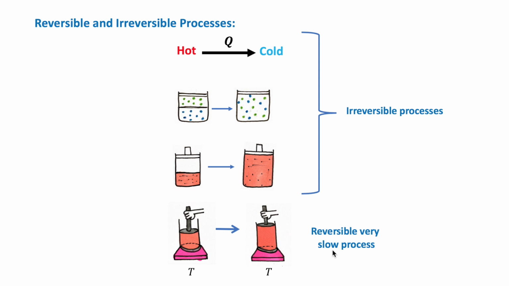And a process that does not meet this criterion is irreversible. So all of the processes, the three processes we mentioned previously, are irreversible processes. An example of a reversible process is if a piston is compressed very slowly in an isothermal process, such that the pressure, volume, and temperature of the gas at each stage are well defined and the system is nearly in equilibrium at each point as it is compressed.